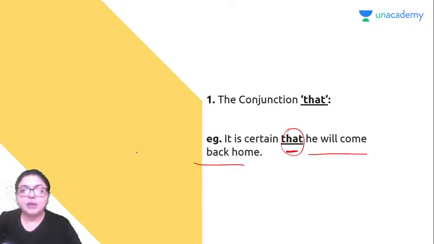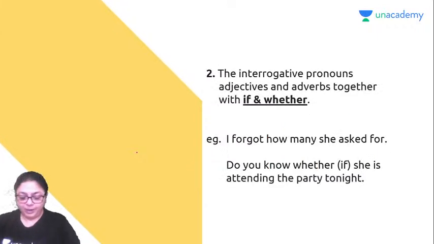Okay, that was that. Now we are going to move on to the interrogative pronouns, adjectives and adverbs, together with "if" and "whether". Okay, so as I said, interrogative. What is interrogative? Interrogative is asking questions.